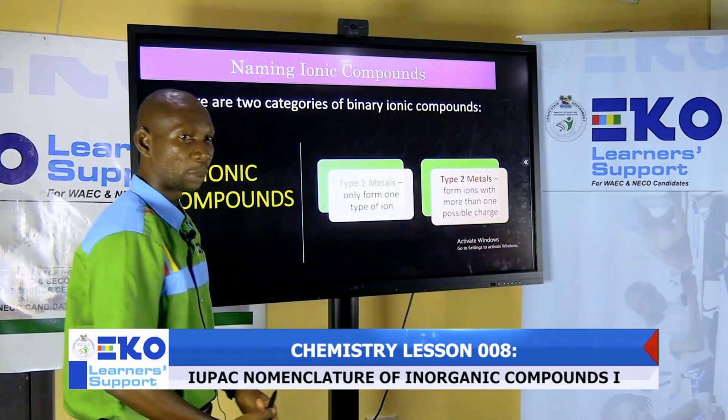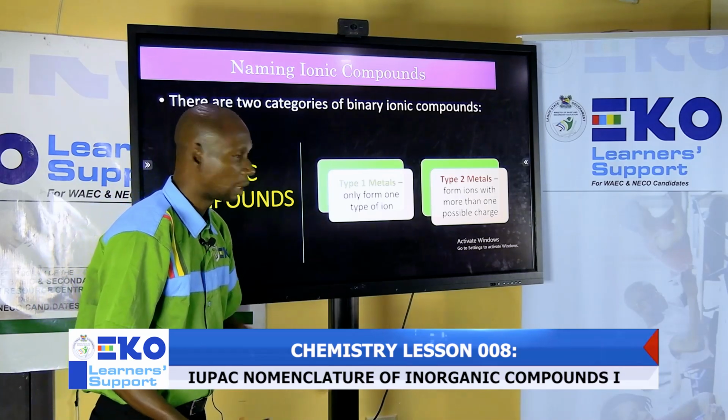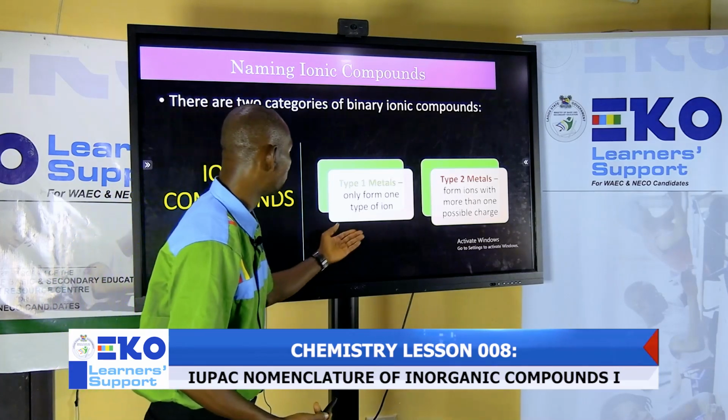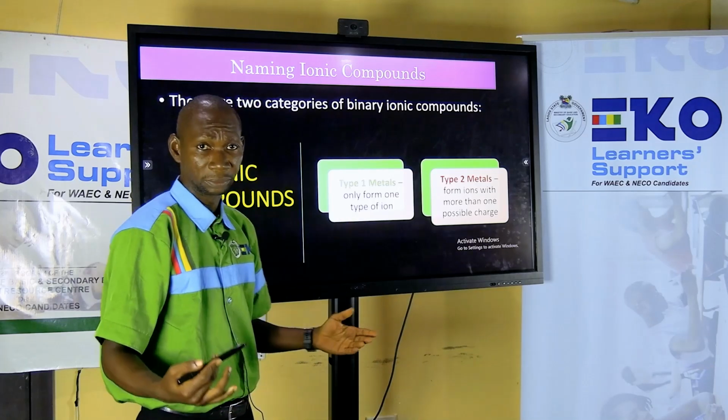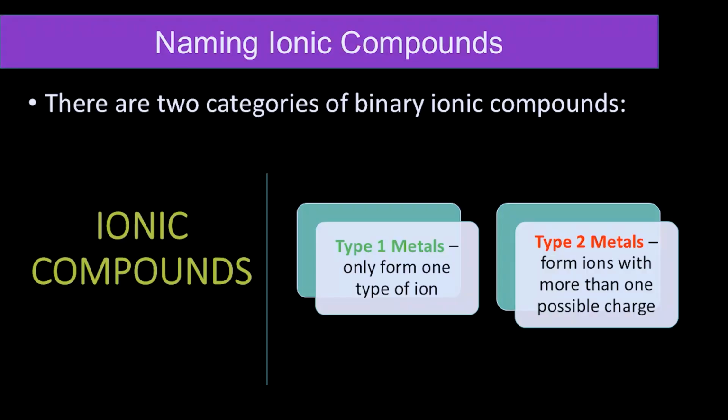So the ionic compounds are of 2 types. You have the type 1 metals, which are ions that only form 1 type of ion. This is usually what you have with the main group elements. They have just 1 charge, and we call them type 1. But there are also some metals that we refer to as type 2.